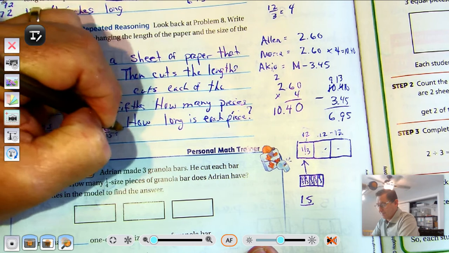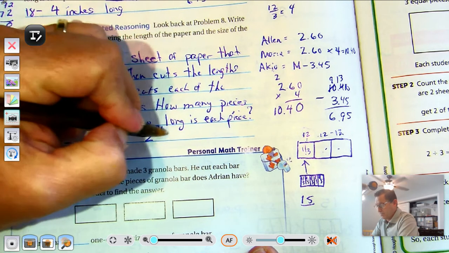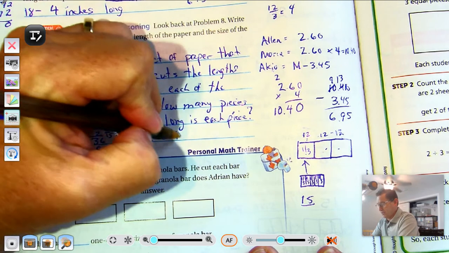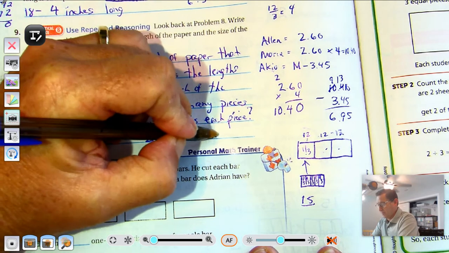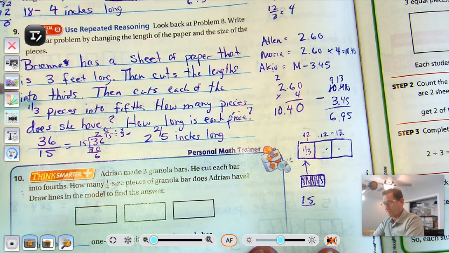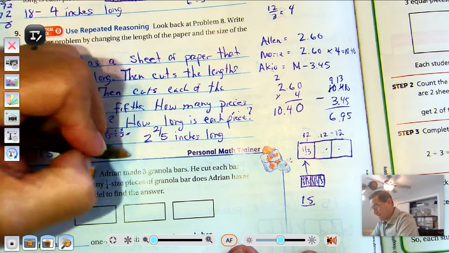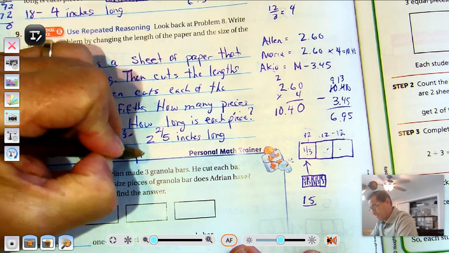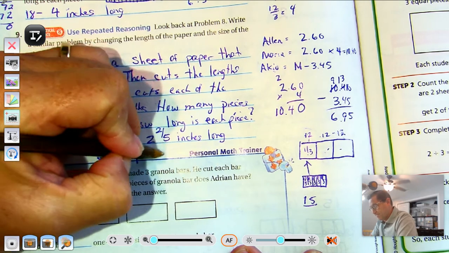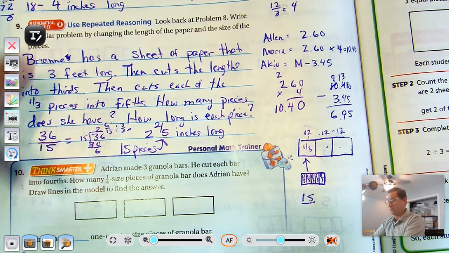I can divide 6/15 by 3, and so I would get 2 and 2/5 inches long. And there would be 15 pieces. Fifteen pieces that are 2 and 2/5 inches long.